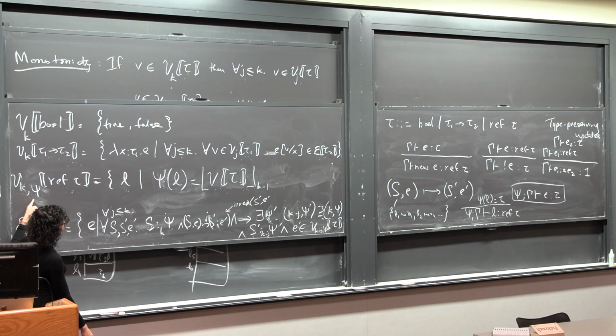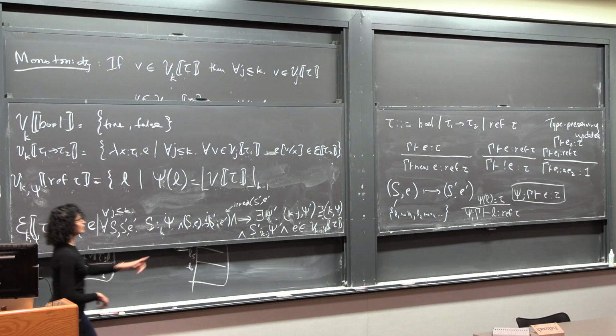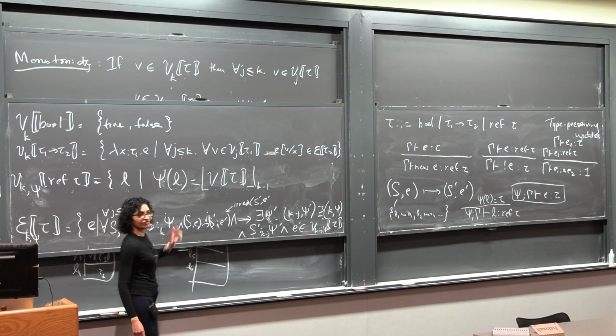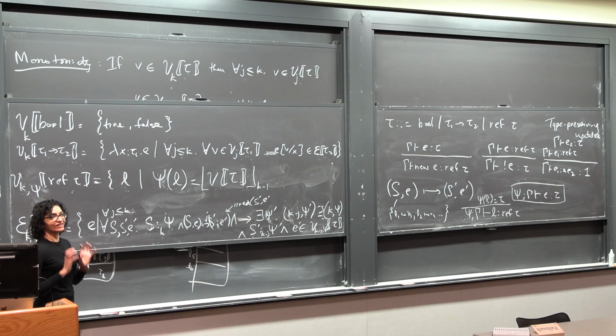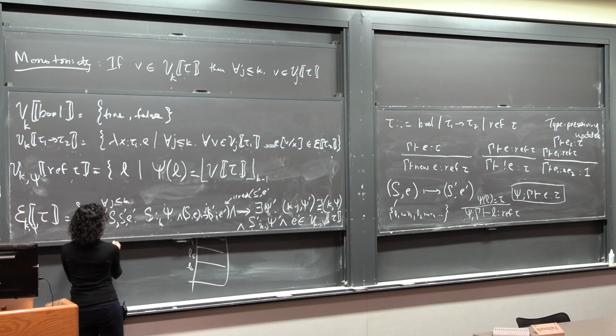What's the difference between this notation and V index K minus 1? Okay, I need to do a big digression and we'll come back. You're absolutely right, I have not defined this yet. I'm asking you to assume that it's somehow smaller. But okay, let's come back to it.